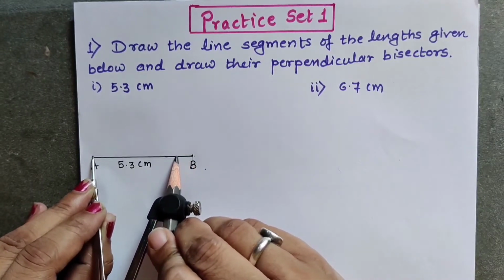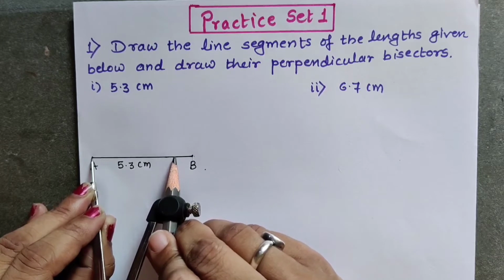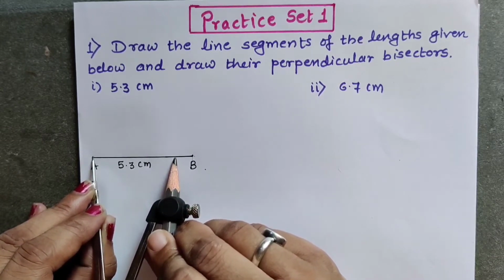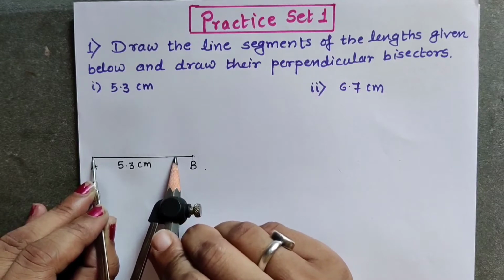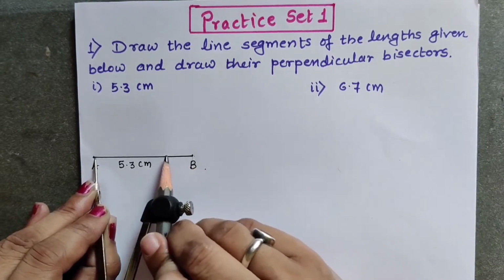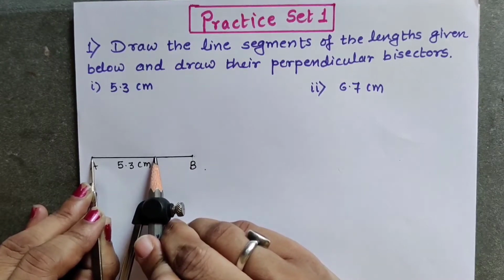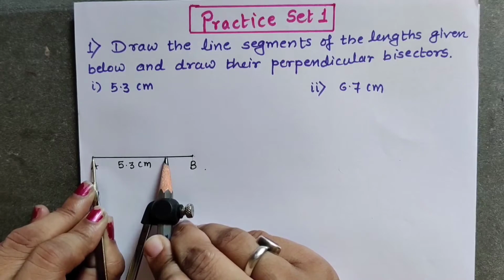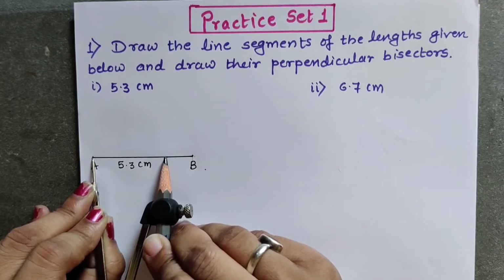We are not going to decrease much distance. The distance should be more than half of segment AB. It should not be exactly AB, or exactly half of AB. It should be more than half. You have to take it approximately. It should not be anything exact. So it is approximately more than half the distance of segment AB.